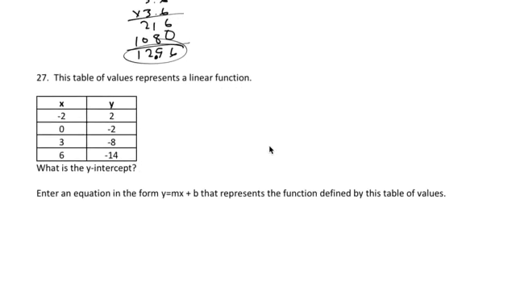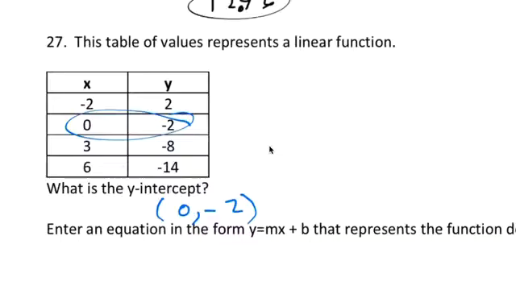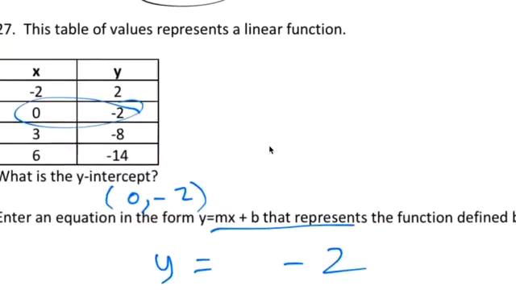Okay, what is the y-intercept? There's the y-intercept, (0, -2), or just -2. It's an easy one, right? An equation in slope-intercept form: y equals mx plus b. Well, I got the y-intercept to be -2. I need to find slope.